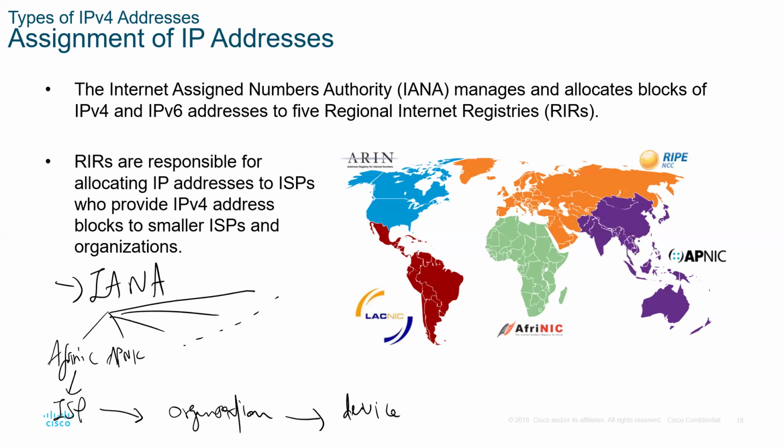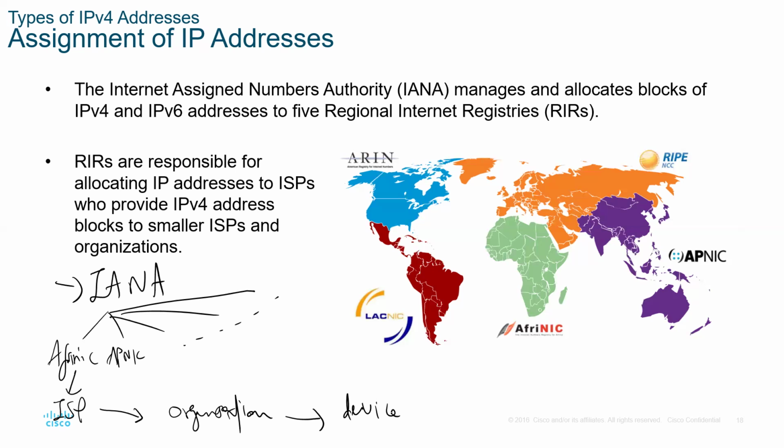So basically, this is the hierarchy of where the addresses are coming from. IANA, that's the boss, that's the organization which allocates. Then it flows down to the regional internet registries. From there, we get to our ISPs, probably our tier ones. I think tier one is probably our biggest ISP right now.